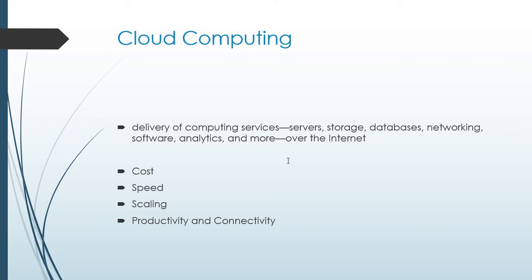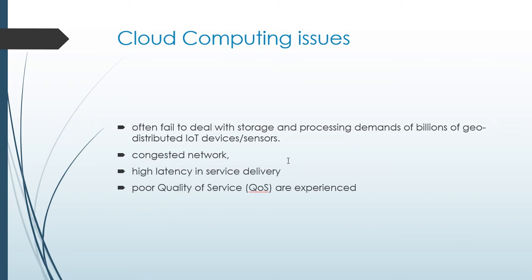Of course, there is a lot of cost saving with cloud computing, and there is a lot of speed up. There is the scaling factor of cloud computing, with a lot of devices connecting to the cloud, and of course the productivity and connectivity that come with the cloud. Just to get you started, I wanted to give an intro on cloud computing. But there are some issues with cloud computing.